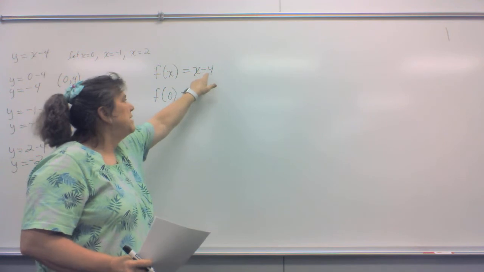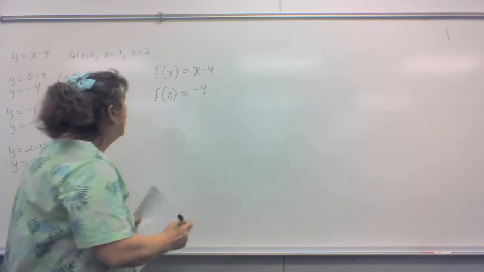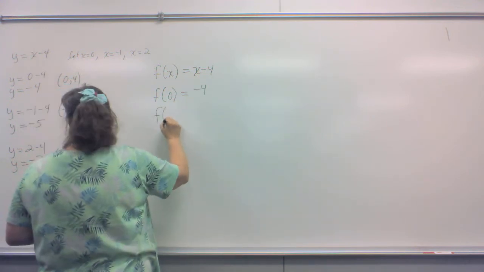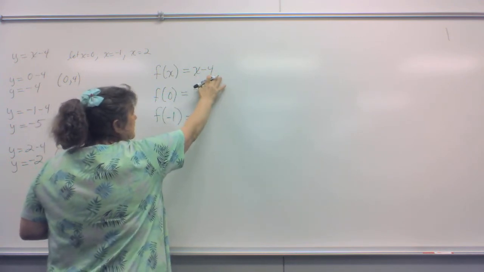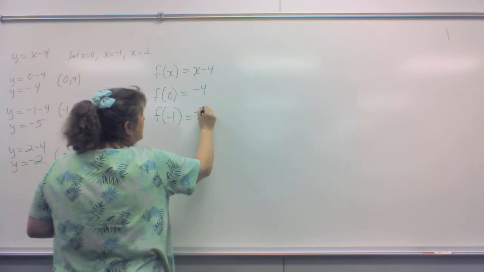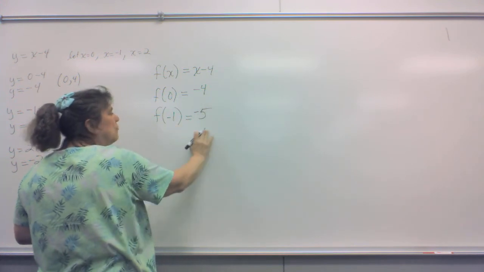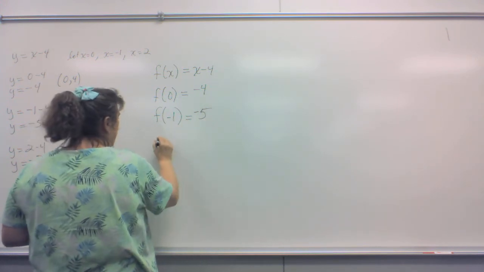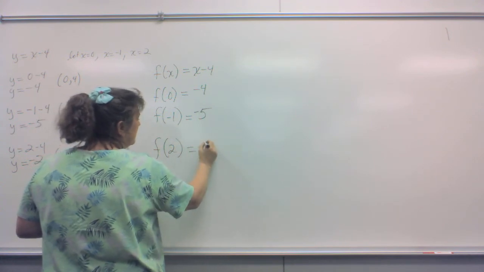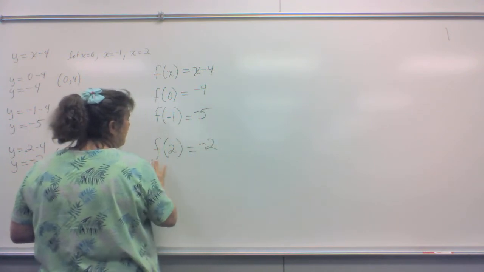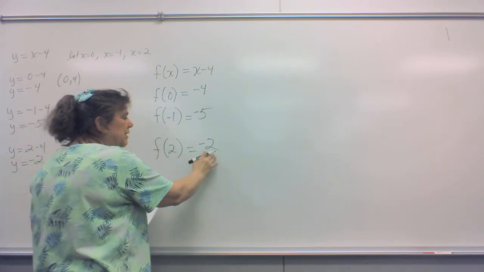And then my function at negative 1: negative 1 minus 4 is negative 5, so my function at negative 1 is negative 5. And my function at 2: 2 minus 4 is negative 2, so my function at 2 equals negative 2.